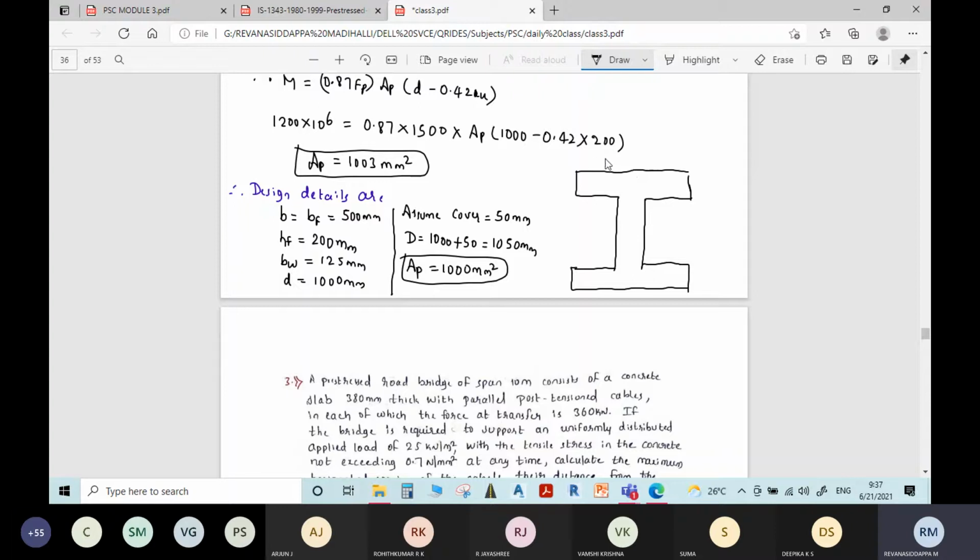Width of flange is equal to 500 mm and depth of flange 200 mm. Width of web is equal to 125 mm.